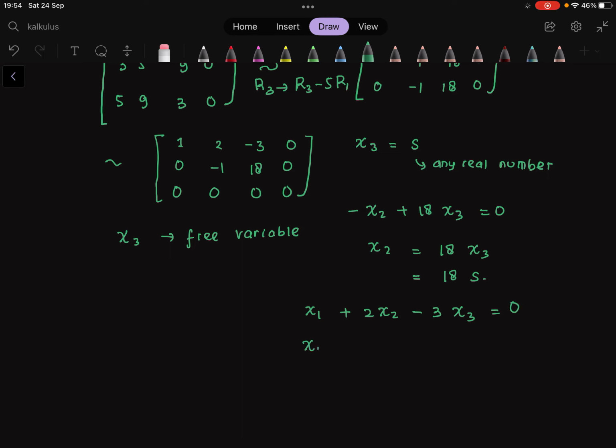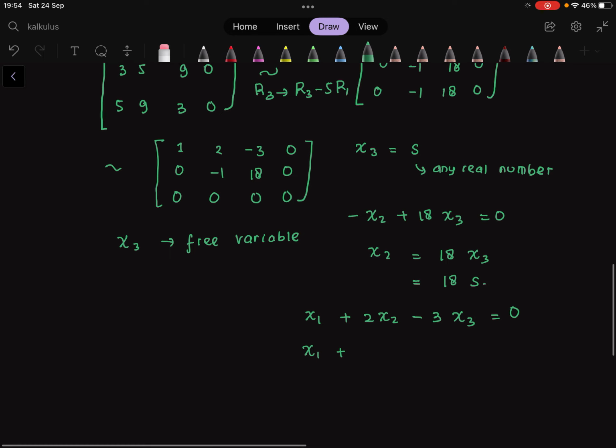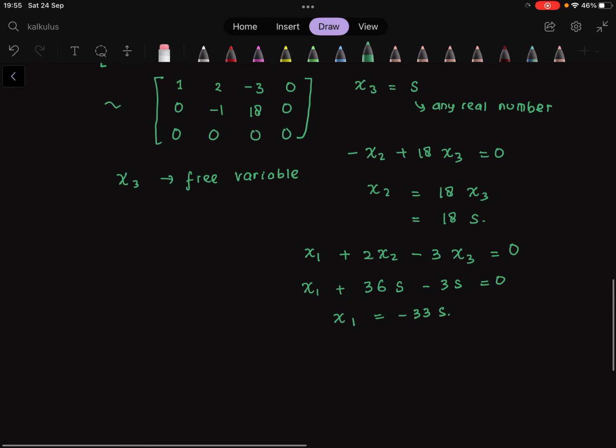Here we have x1 plus 18 times 2, which is 36s, and then minus 3s equal to 0. So x1 equal to -33s.